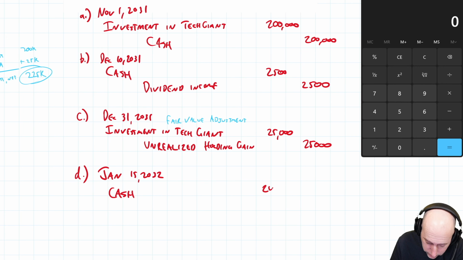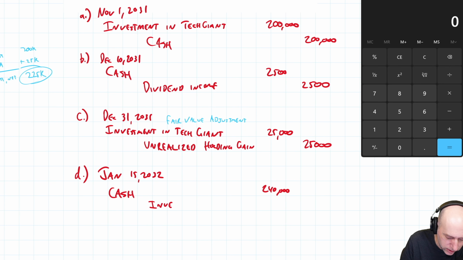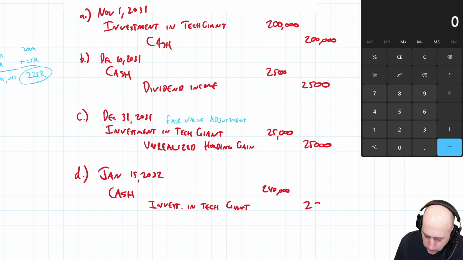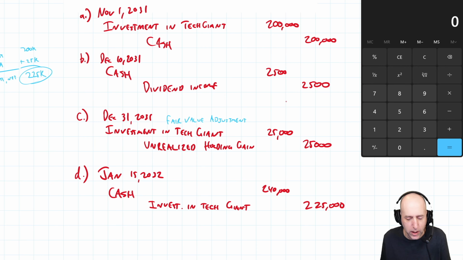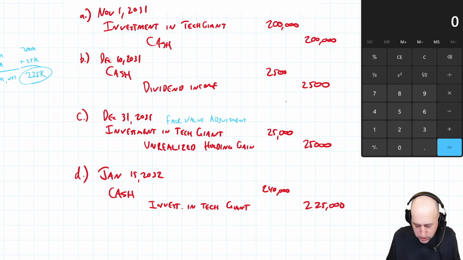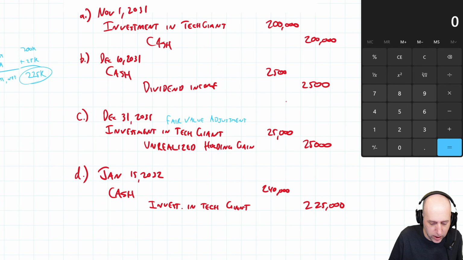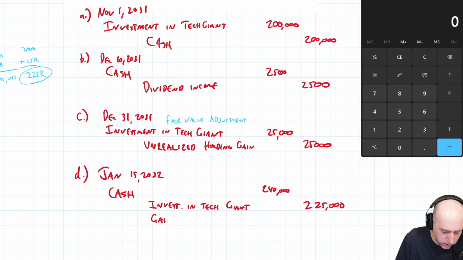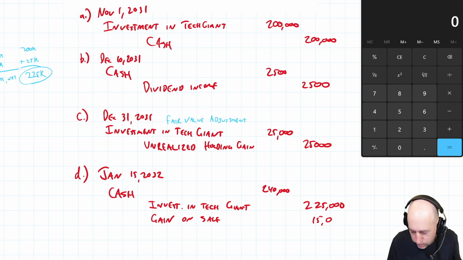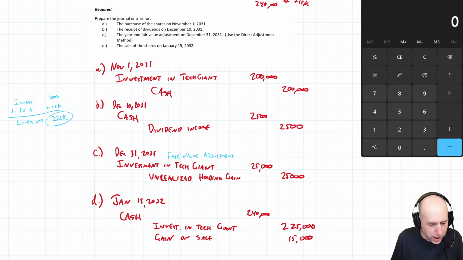We got paid $240,000 for a stock that's on our books for $225,000. So I'm going to credit investment in TechGiant. It's on our books for $225,000. Now, $200,000 plus we adjusted it up by $25,000. And then there's obviously a gain. Now, this is not unrealized. This is a gain on sale. $15,000. And there we have it.